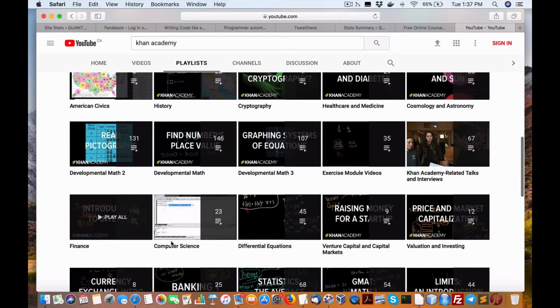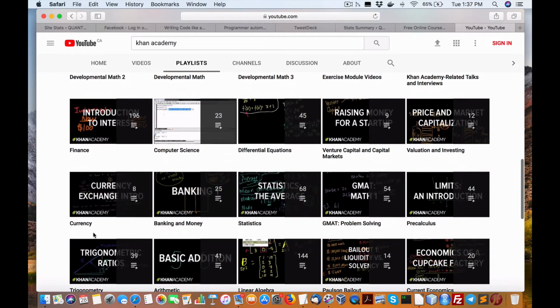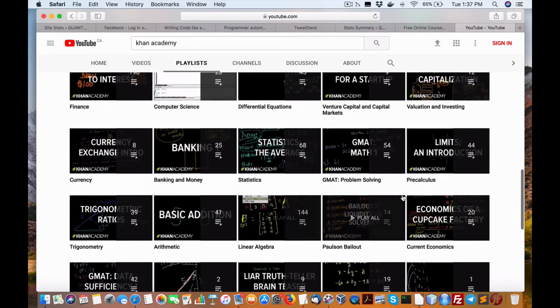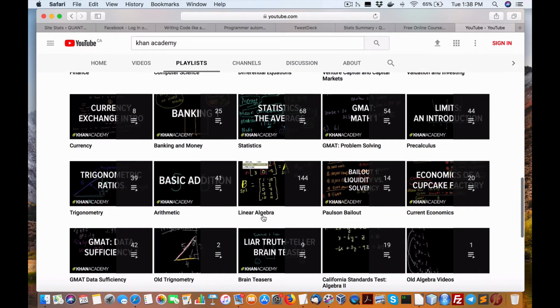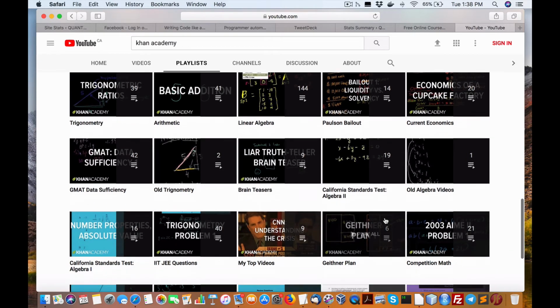He also has finance as well, some computer science, which is done in Python, differential equations, currency, money, statistics is a big one, pre-calculus, trigonometry, which I don't know if that's really all that useful, basic arithmetic, linear algebra is a big one, as well as what else we got here. There's just so much stuff.